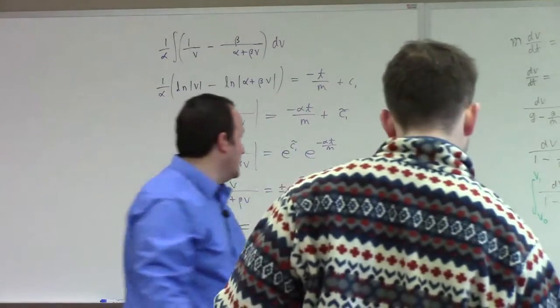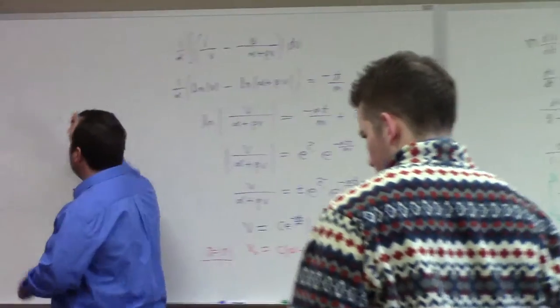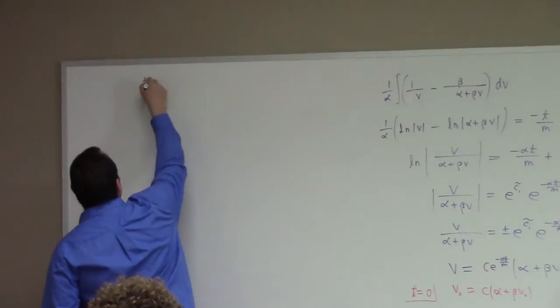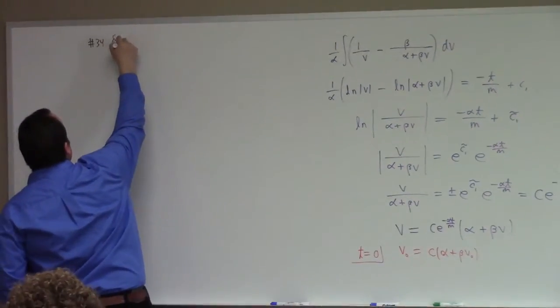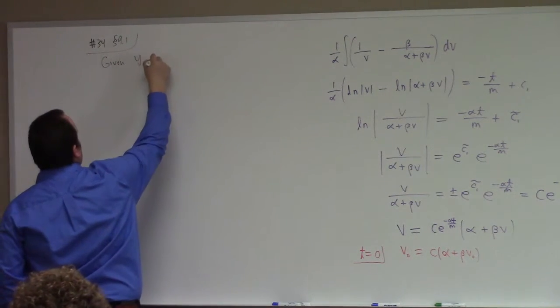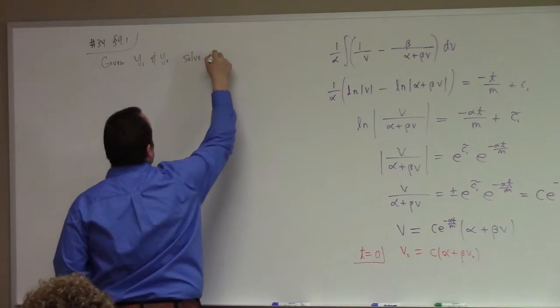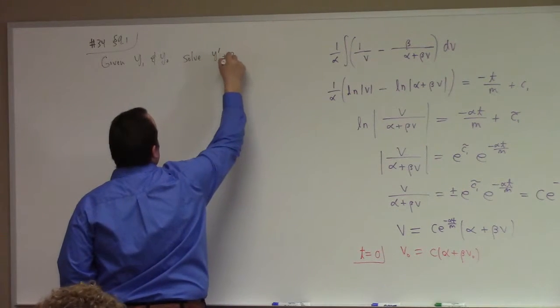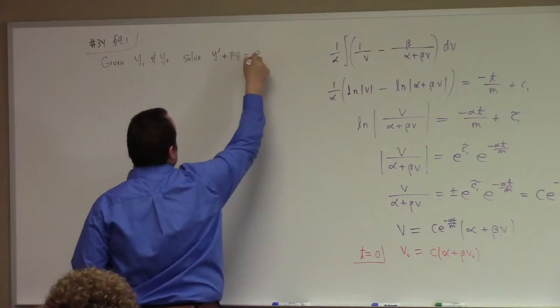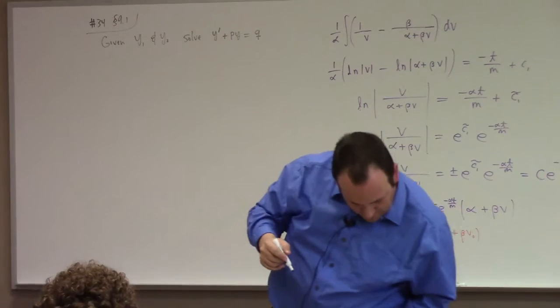Okay. So, number 34, in section 9.1, you're given y1 and y2. Solve, what is it, y prime plus py equals q. Is that right? Or is the notation different?